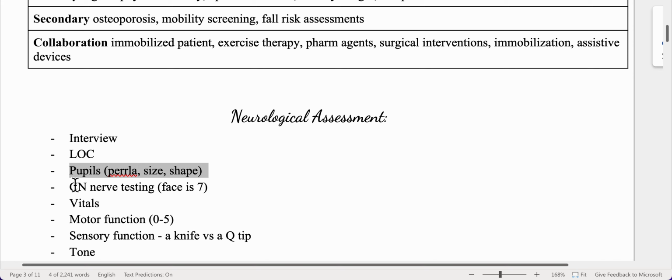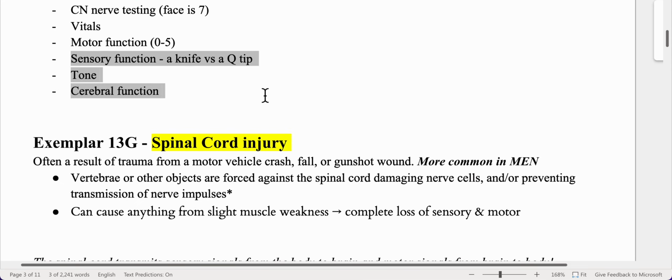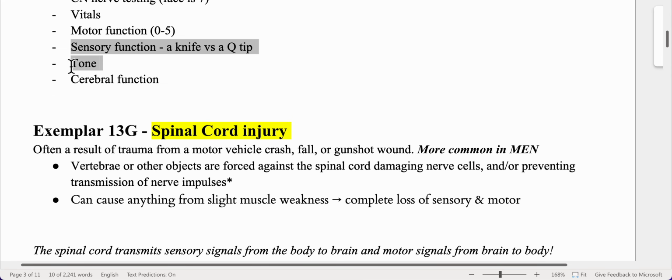Pupils: paralysis, size, shape. Cranial nerve testing, 12 nerves. Vitals. Motor function, 0 to 5. Sensory function, a knife versus a Q-tip. Tone. Cerebral function.